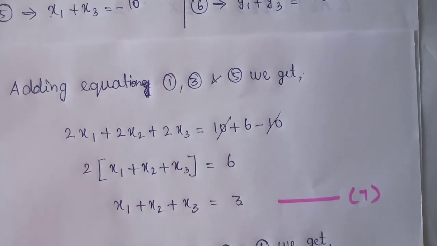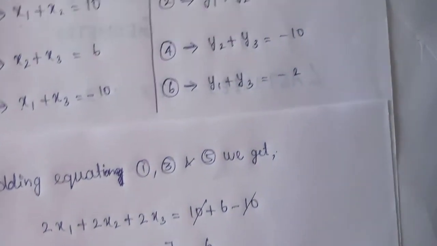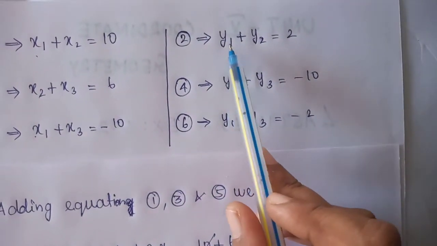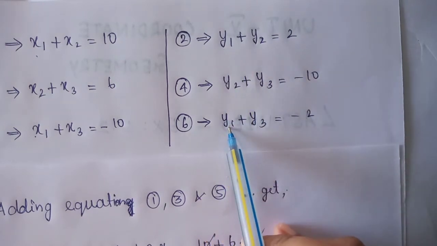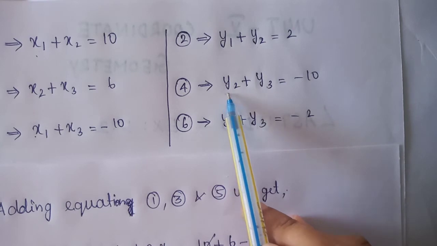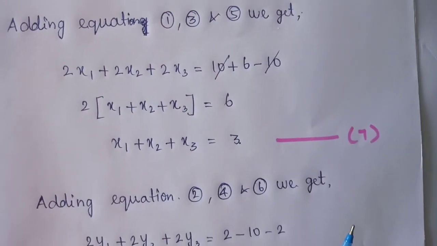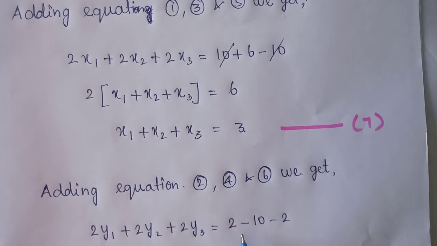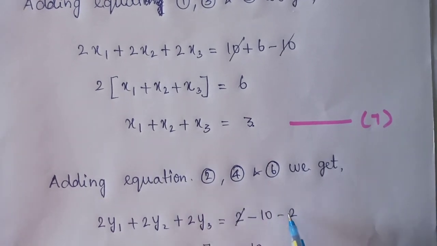Similarly, adding equations 2, 4 and 6, we get: here you have one y1, here you have another y1. So 2y1, 2y2 plus 2y3. So 2y1 plus 2y2 plus 2y3 is equal to 2 minus 10 minus 2. So plus 2 minus 2 gets cancelled.